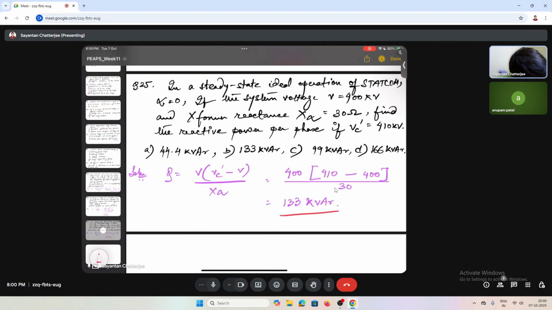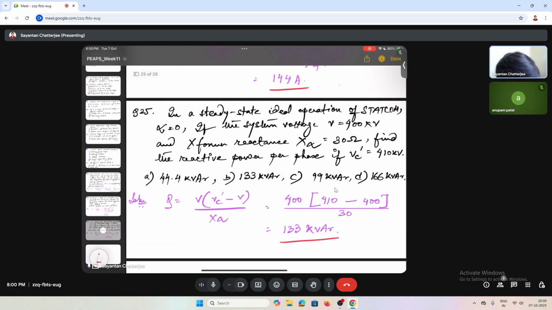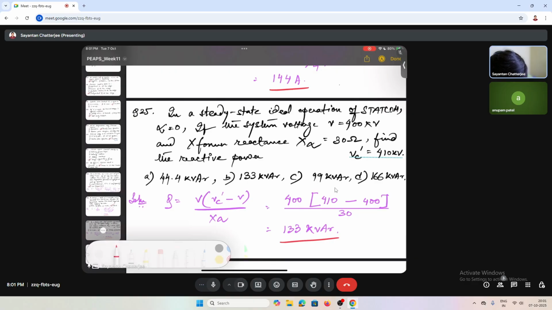They have given this per phase. It may be a mistake, or I don't know whether these questions were corrected. Let's consider the total reactive power. Just omit this so that the question remains correct: find the total reactive power. If we mention that, then it will be correct. Let's keep the question correct. Now the question, I hope this is correct, right? Yes, sir.